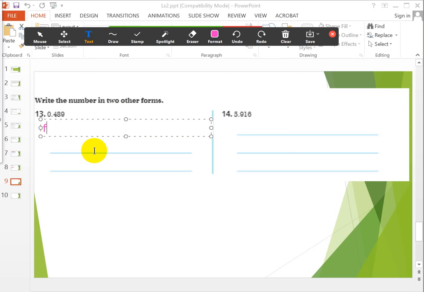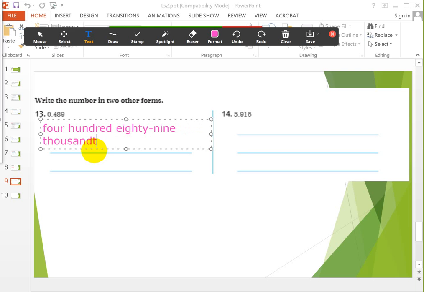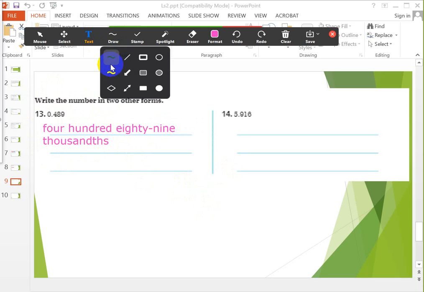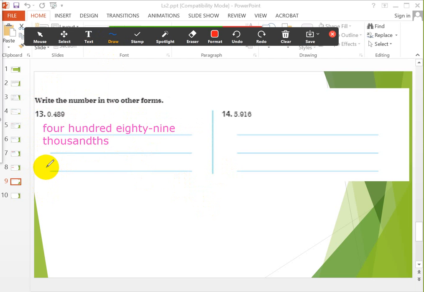So it will be 489 thousandths, because I have 3 digits after the point. So this is the word form for this number.